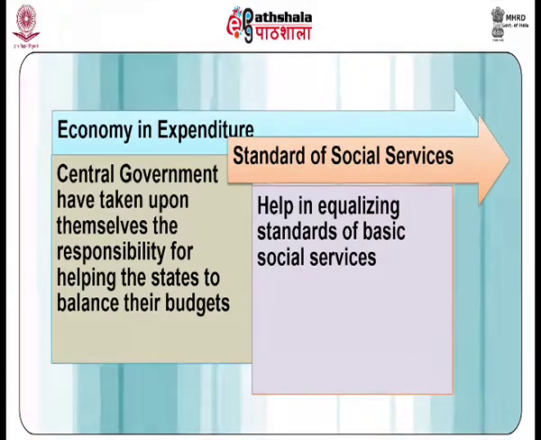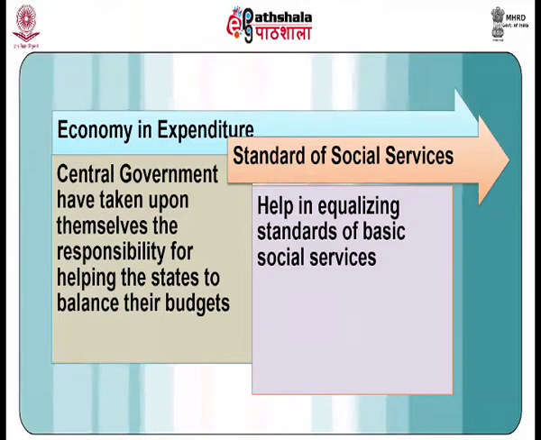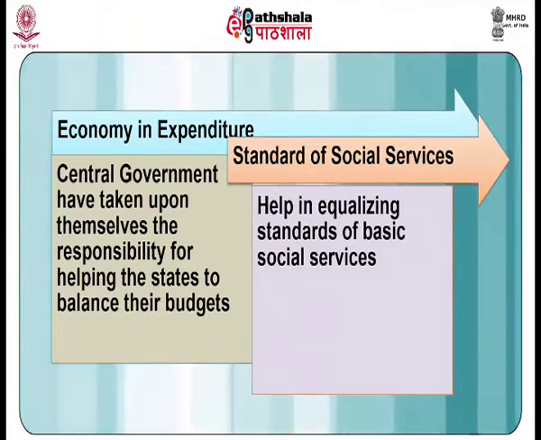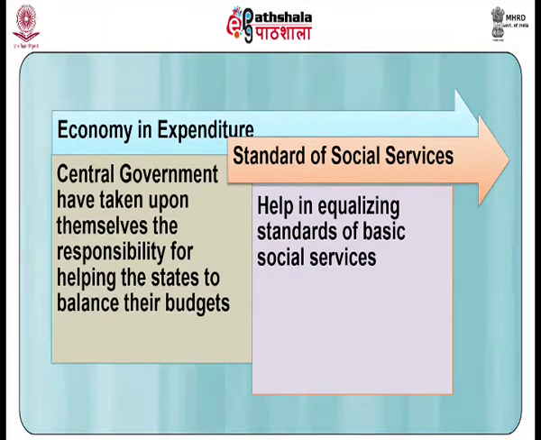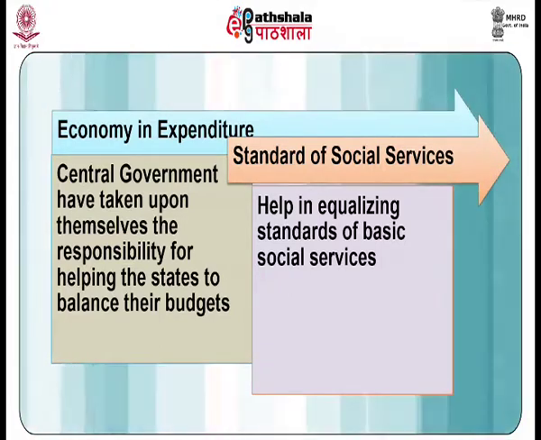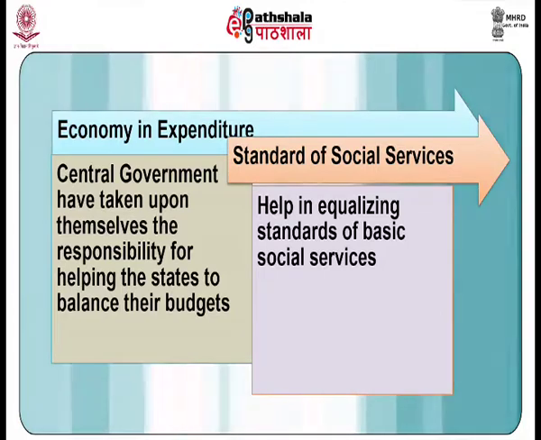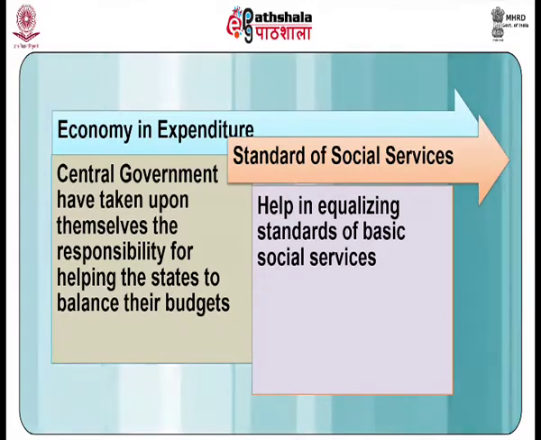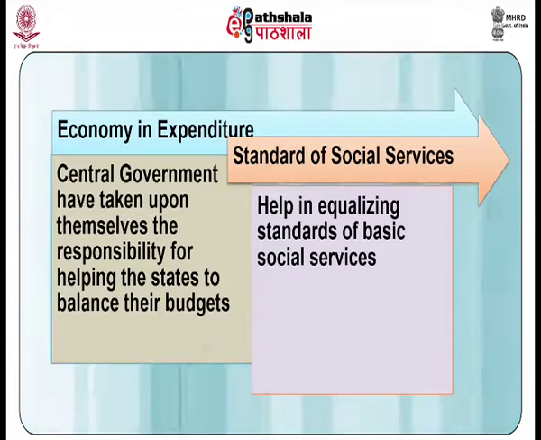Fourth, standard of social services. The Commission observes an important purpose of grants in aid is to help in equalizing standards of basic social services. This is the first mention of equalization in respect of basic social services.